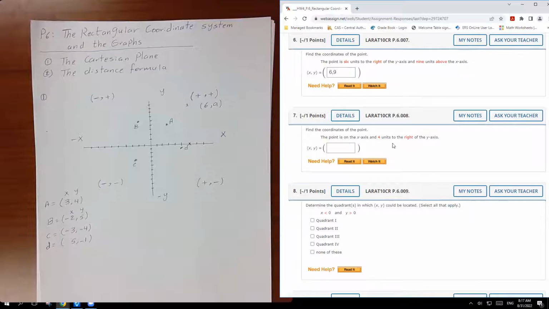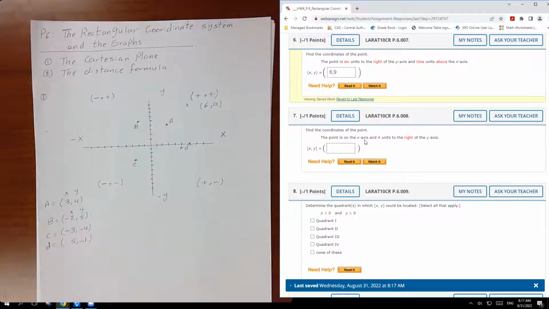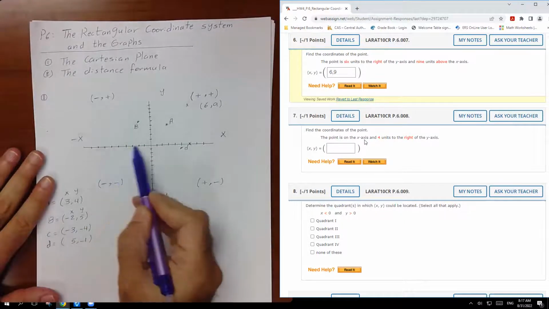Let's keep going. Exactly the same thing. The point is on the x-axis. That means the point exists here on this coordinate.